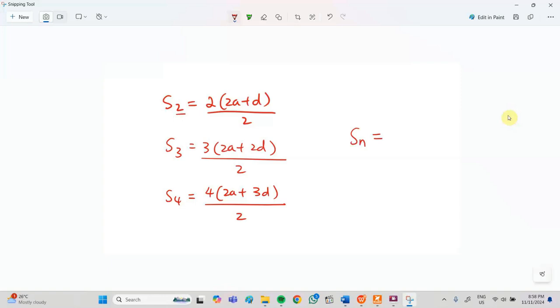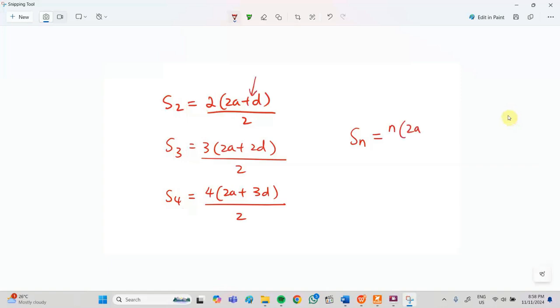We see that the running numbers here are 2, 3, 4, which is n. And we notice that the 2 and the 2 here are always the same, this value. Hence, the running number here will be replaced by n. And we notice that here is always 2a, always 2a. So we are going to use 2a here.